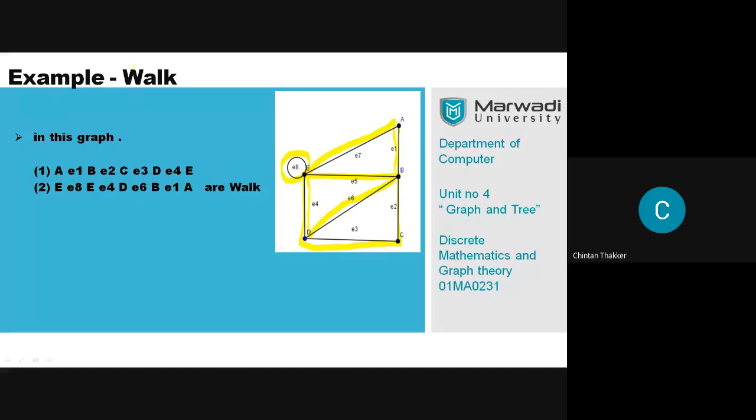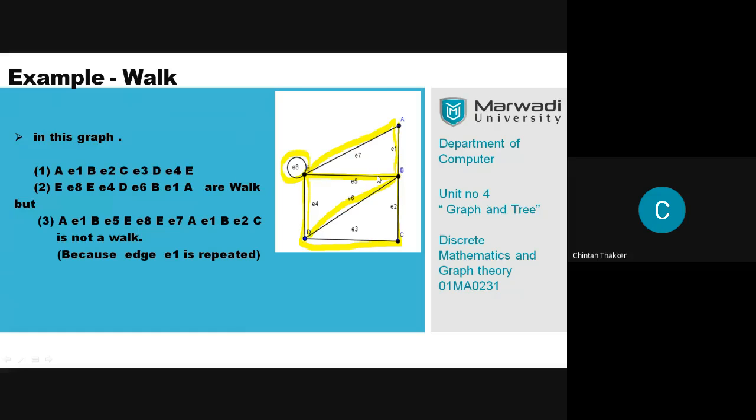You cannot take a sequence like this: from A to B, A, then E1, B, then E4, D. You cannot write it this way, because that is not an alternating sequence.